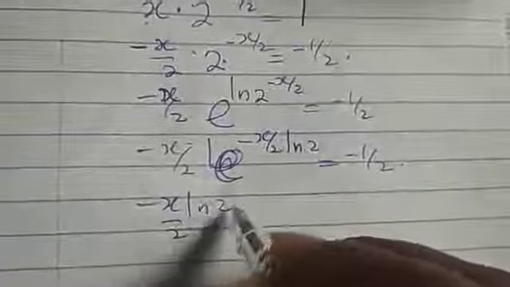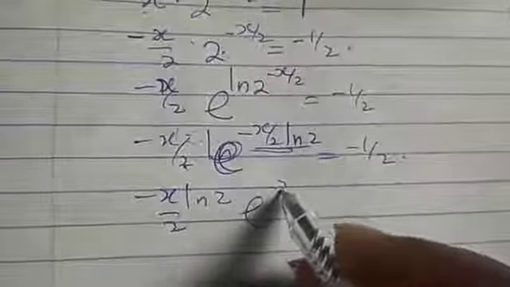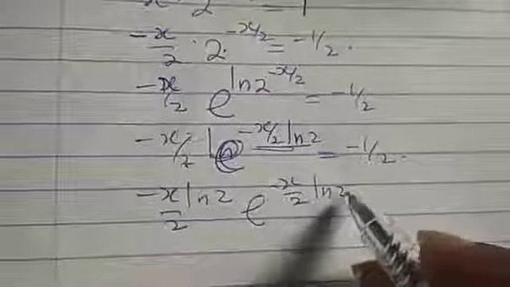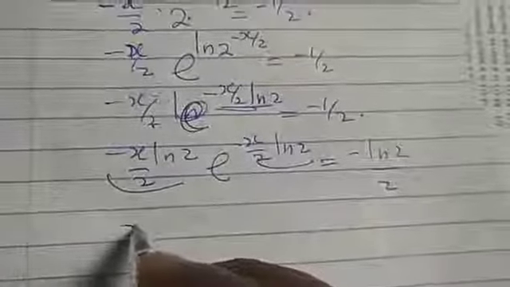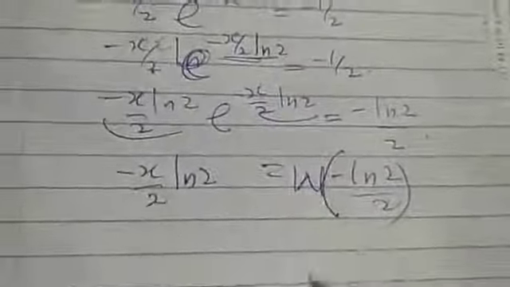But we need ln 2 on both sides, so that whatever is here will be what is here. Exponential of minus x over 2 ln 2 is equal to minus ln 2 over 2. So we now have the same thing. In this case, I can take this over this is equal to W of minus ln 2 over 2.